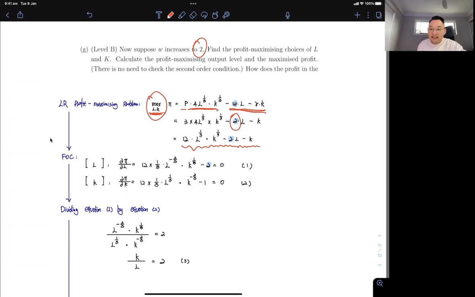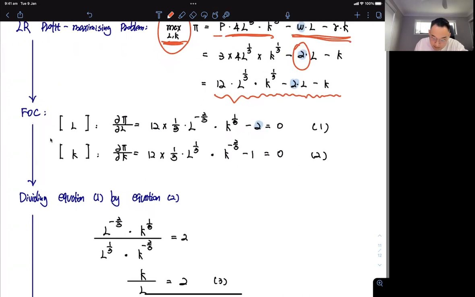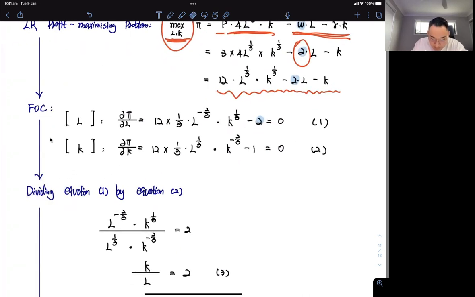Then we have our first order condition. Exactly the same thing as before, just taking the first derivative and setting it to 0. As you can see, the only difference here is the first order condition for labor, where instead of -1, we have -2. The change of pi against K, which is the first order condition for capital, is exactly the same as before.